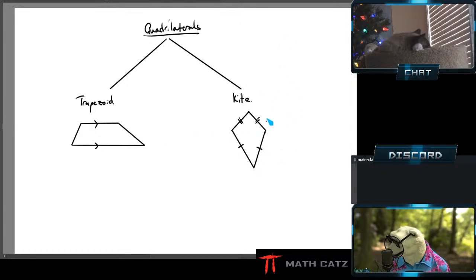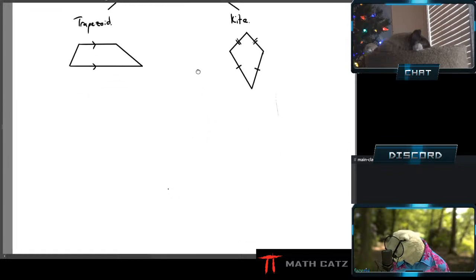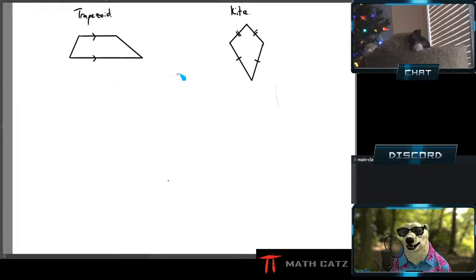Now again, they could all be the same length. I don't require that. That is a more specific kite. So we can go lower into this and require more specific structure than just these two. But that's certainly a first step.